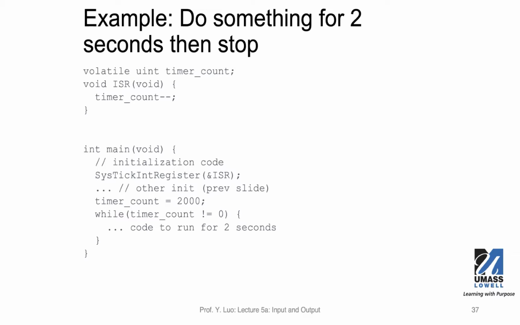It could be different from many other applications where your task is going to be doing a particular thing endlessly in an infinite loop. But in this example, we're performing some function, some calculation, let's say, for 2 seconds and then stop. So how do we do that?